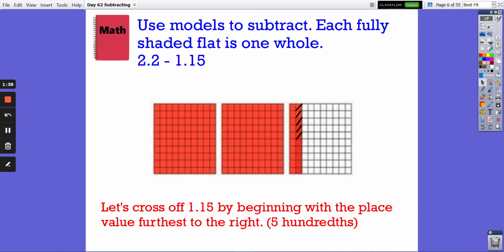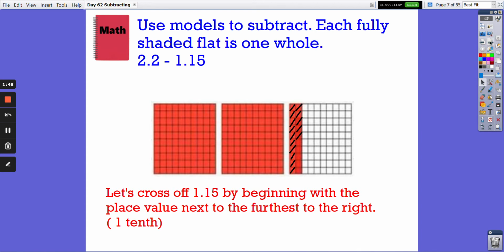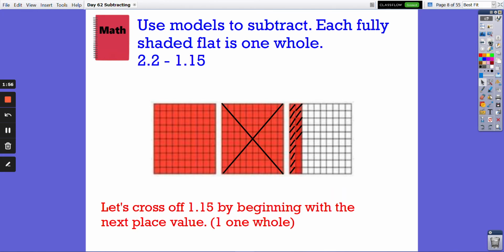Then I'm going to move to the next lowest place value, which is a tenth, and cross off a tenth. And then I'm going to move over to the ones place, which is the next lowest place value, and cross off 1 whole.